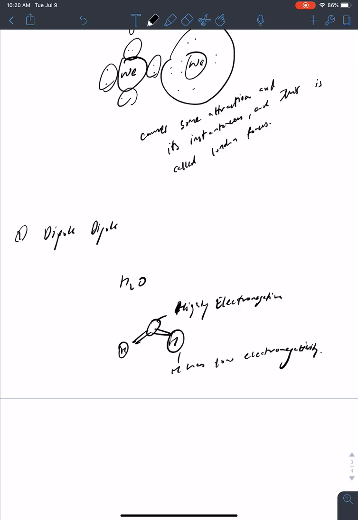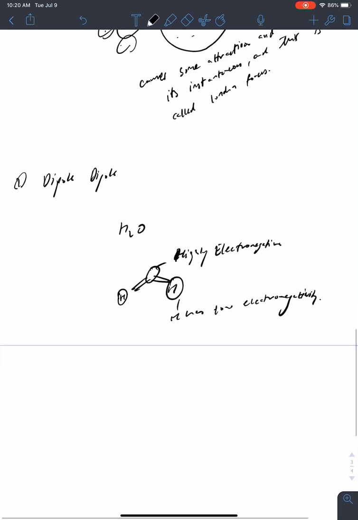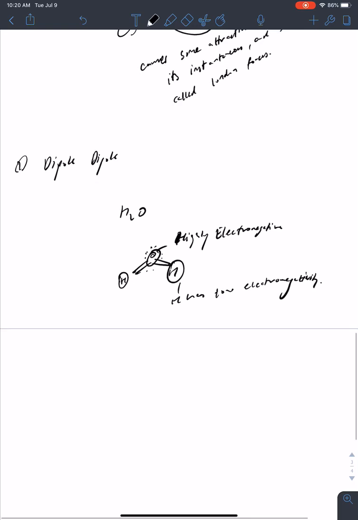So since H has low electronegativity, oxygen is going to have most of the electrons, right? So 2 4 6 8. So oxygen is going to have most of the electrons, causing it to be partially negative, and hydrogen to be partially positive.